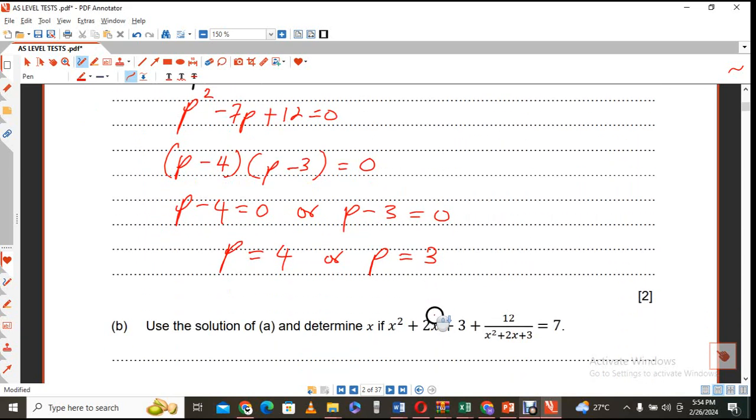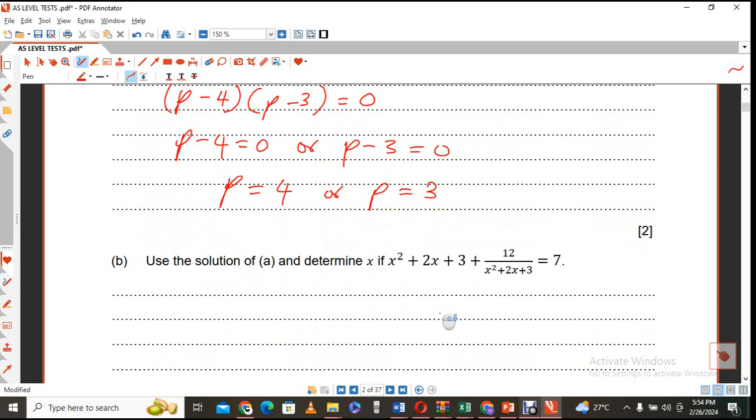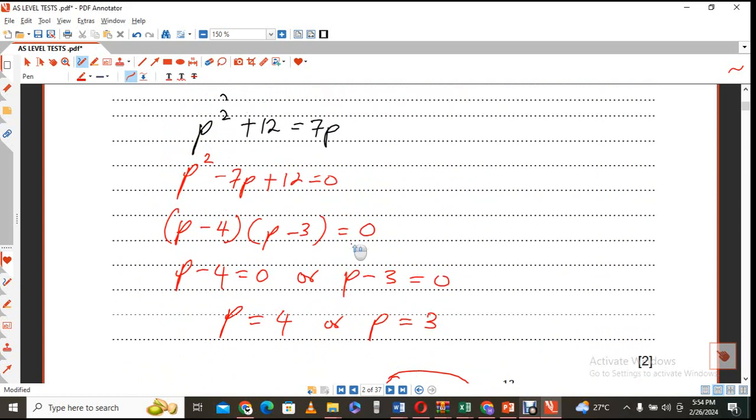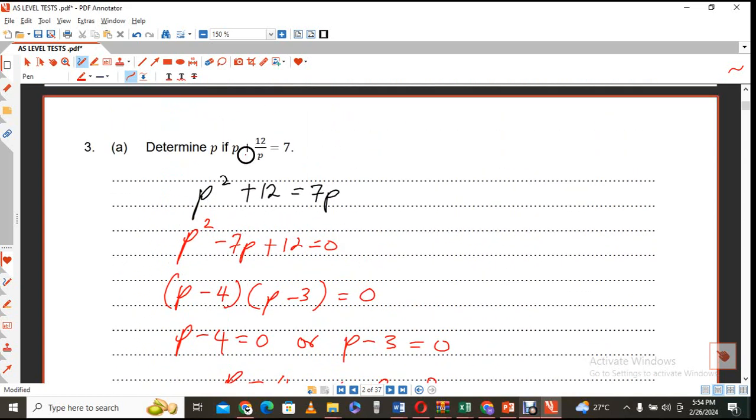Now they are saying the next part, use the solution of A to determine. So what you're now realizing here is you have got the x squared plus 2x plus 3, which was previously held by our position of p, if we have to go back to our original equation.